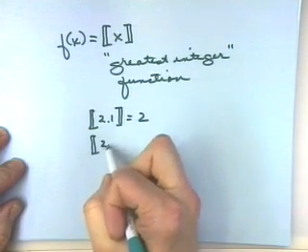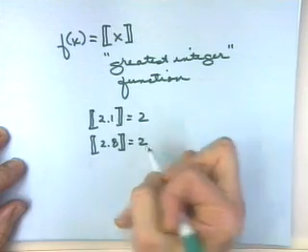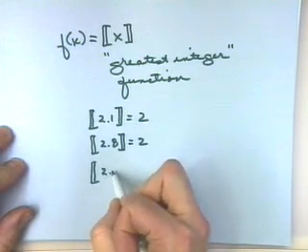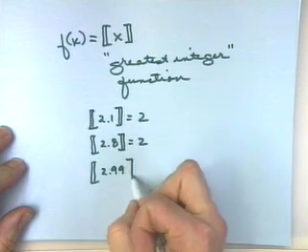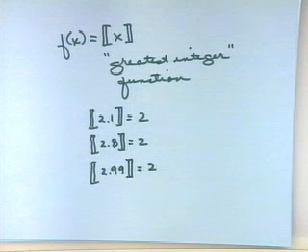The greatest integer in 2.8 is 2. The greatest integer in 2.99 is 2. So if we're not to that next integer yet, you have to go back to the predecessor. So that's a greatest integer function. Kind of a unique graph when we get this thing done.